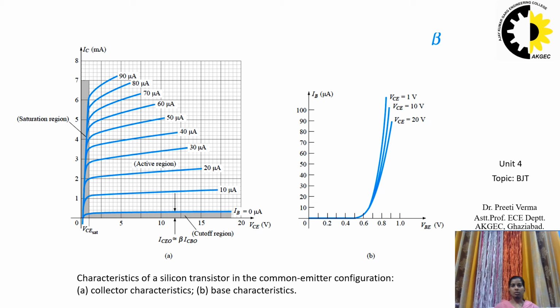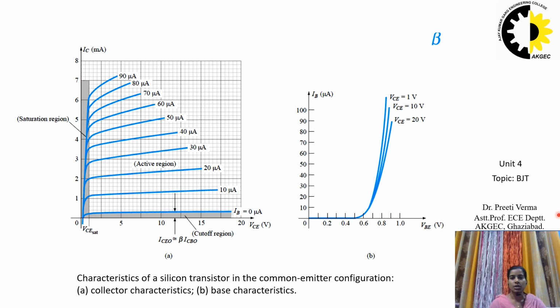Consider also that the curves of IB are not as horizontal as those obtained for emitter current IE in common base configuration, indicating that the collector to emitter voltage will influence the magnitude of collector current.